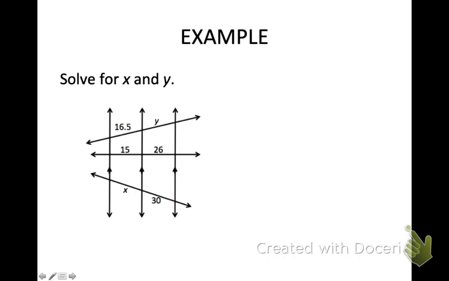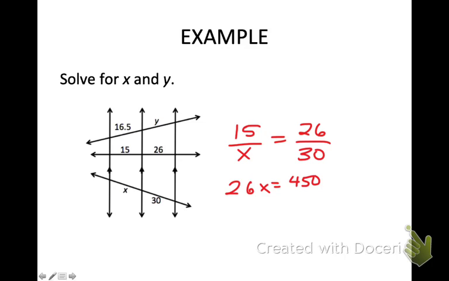How do you see it? 15 over x equals, sure, equals 26 over 30 would work. Okay. So that gets us 26x is equal to 15 times 30 is 450, divided by 26 is approximately 17.3.